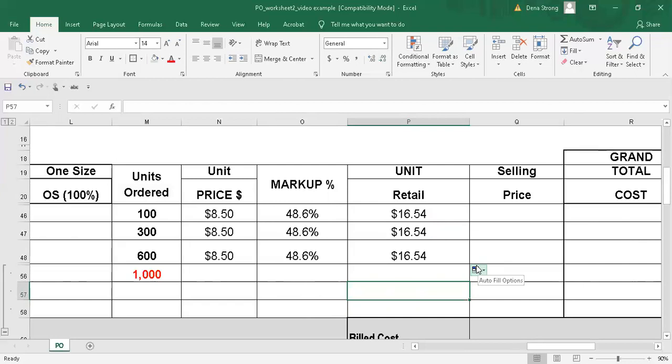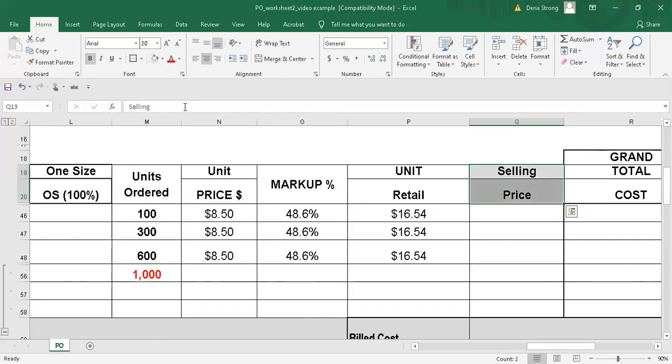Usually stores have what's called a pricing strategy. So that could be a store that uses a 99-cent price ending, 85-cent price ending, 75-cent price ending, or an even price ending. So depending on your store and your customers' pricing strategy, you would change the unit retail to a selling price.